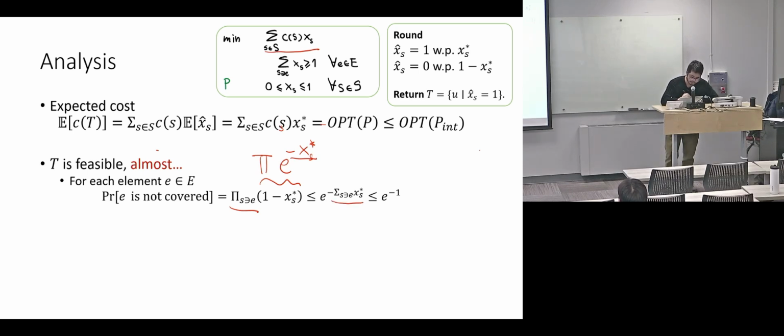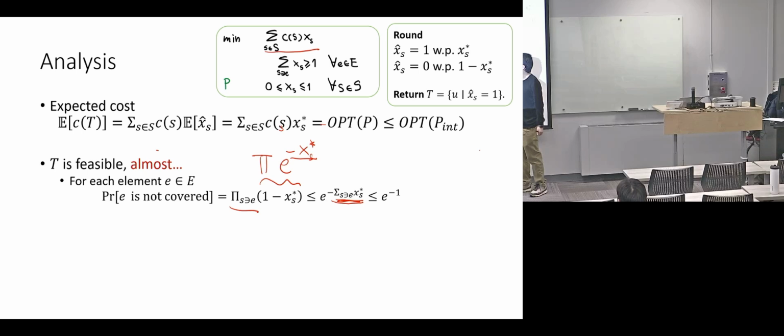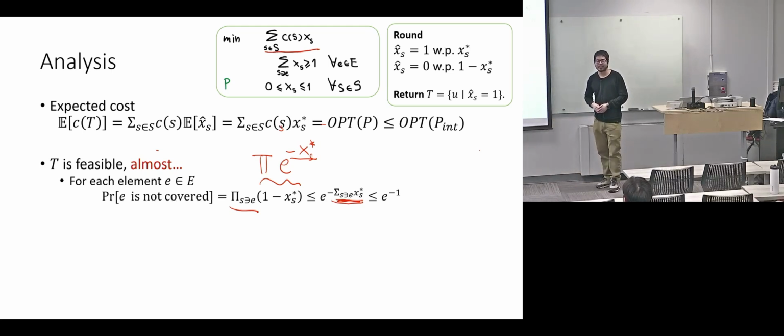This is a sum over all the sets containing E of x star S. This is at least 1, because of the LP constraint. So this is at most e to the minus 1. So each element is not covered with probability less than a half, so you expect to cover each element with more than half probability. It's almost feasible, but not quite.